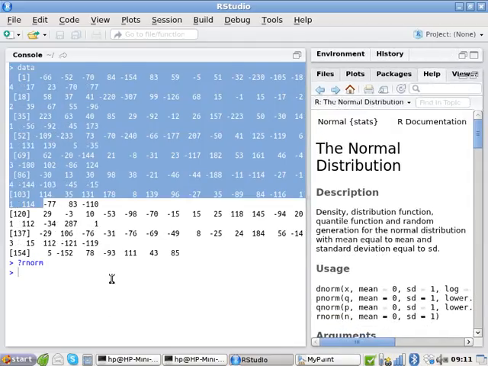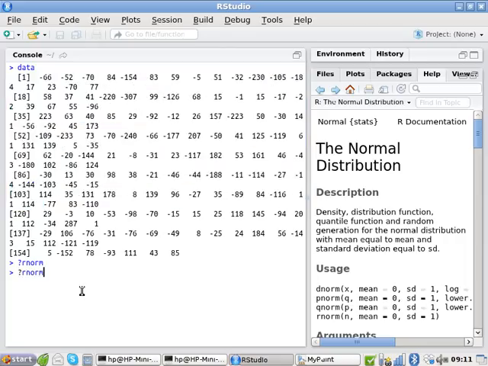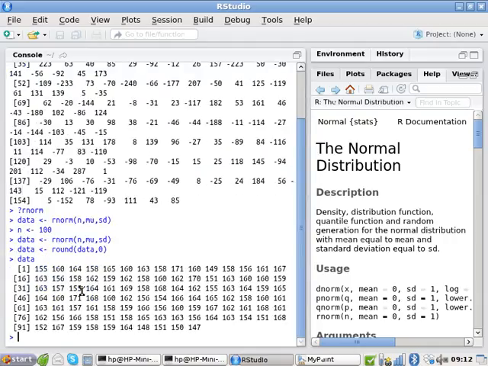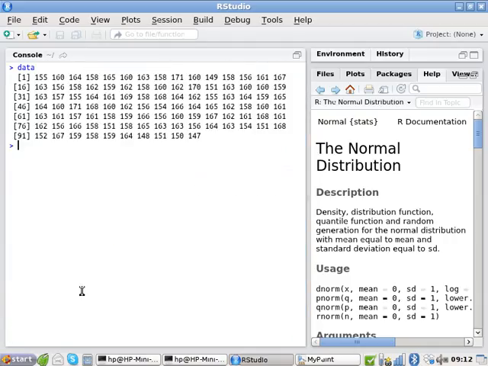I have it backwards, how I typed it in. There we go. Okay, so here's 100 random heights of people, and we can put this in a histogram.